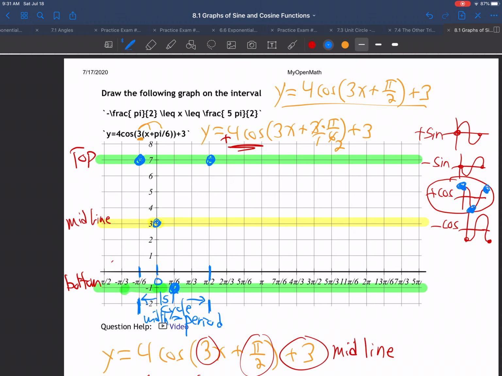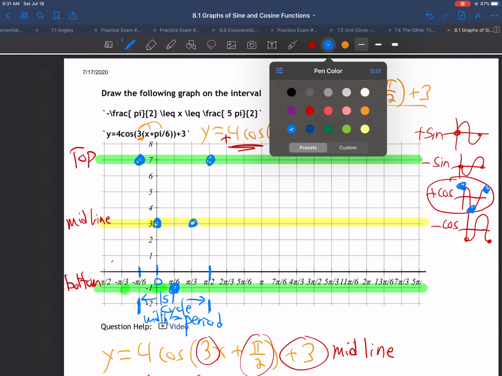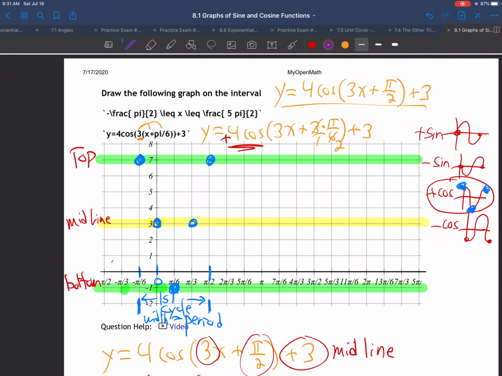And the halfway, it's here and there. So I think we have the general graph. It's going to go like this, very steep here, and come like that, and come up, and go like that. And then it's just going to repeat that forever to the left and the right. But we just focus on one period to get that.